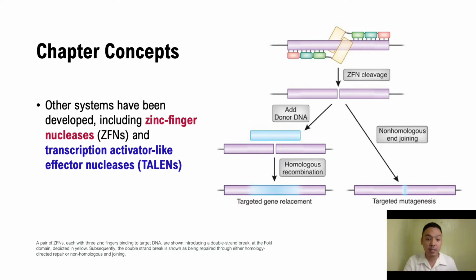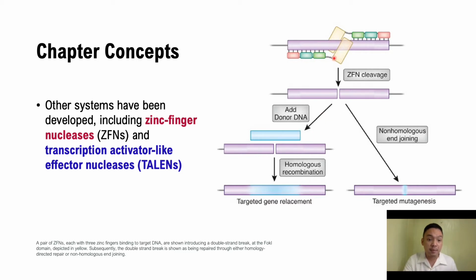So this example is a ZFN process: a pair of ZFNs with three zinc fingers each bind to a target DNA and are shown introducing a double strand break at the FokI domain, depicted in yellow.